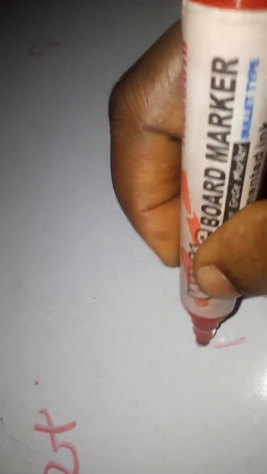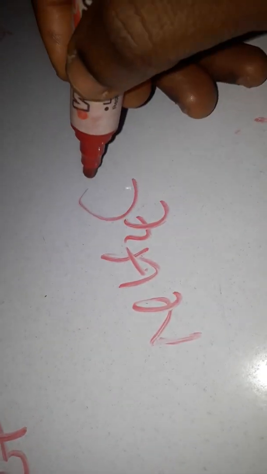Then we need to know the salts that are soluble and those that are not soluble. That leads us to the solubility rules. We have all the salts of sodium, potassium, and ammonium. That is, whether it's ammonium sulfate, ammonium chloride, ammonium nitrate, and so on and so forth.